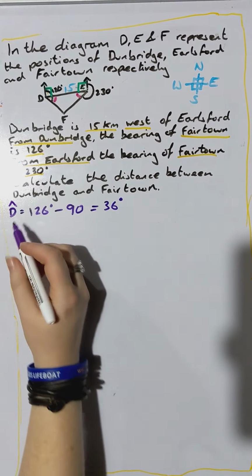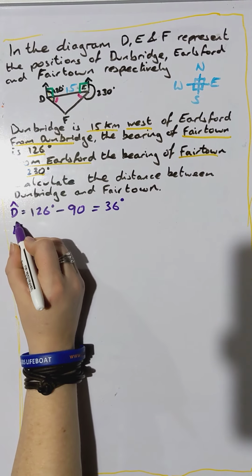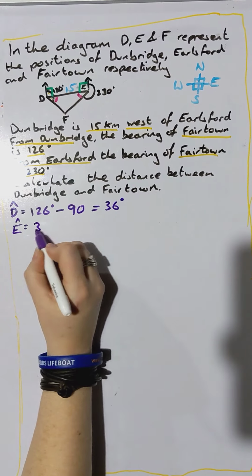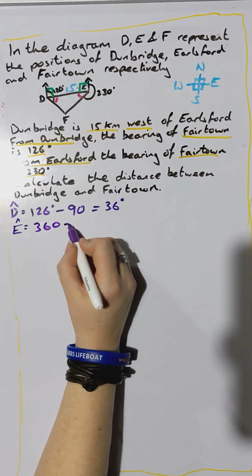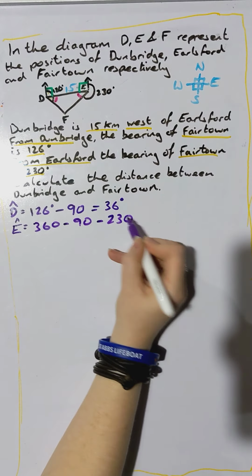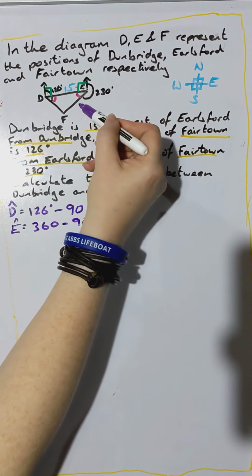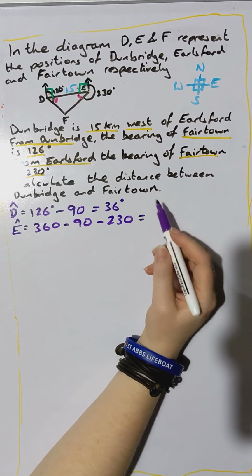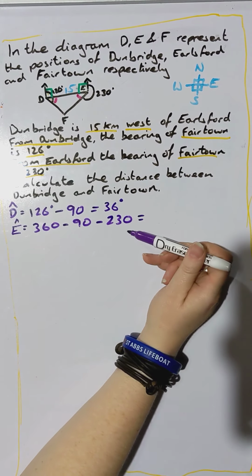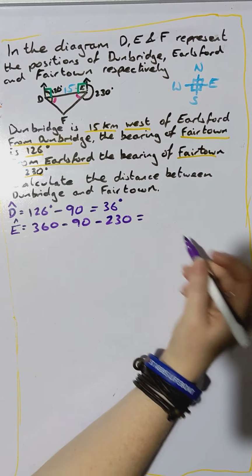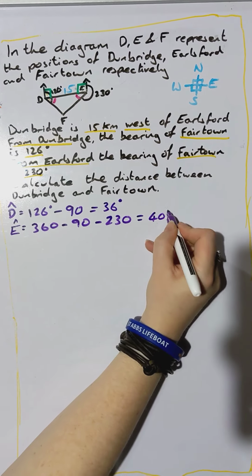The angle at E, that's the full 360, take away 90, and take away the 230, which is also on the outside of what we're looking for. That gives us, well, 360 take 230 is 130, take away 90, that gives us 40 degrees.